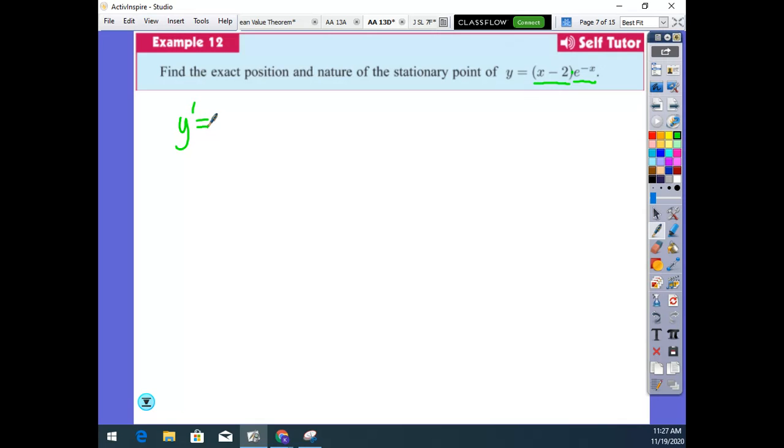So to find y prime, I'm going to take the first u, x minus 2, times the derivative of e to the negative x, which is just e to the negative x, times the derivative of negative x, which is -1, plus e to the negative x times the derivative of x minus 2, which is just 1, so you don't even really need it.